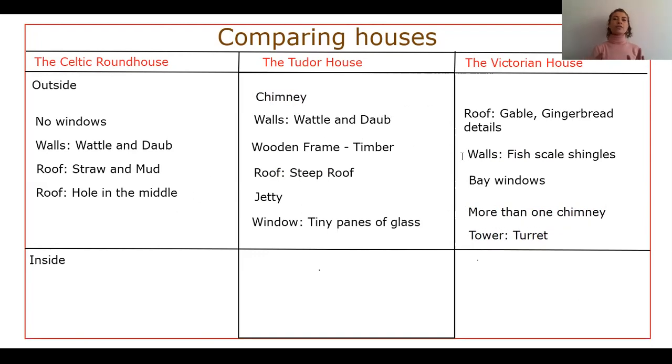So here we have the key features of these three types of houses, but just having a look outside of the house. So let's go now inside of the houses, okay? So let's see this presentation.